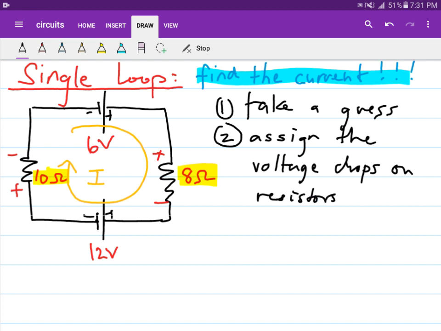So now that we know the polarities of resistors with respect to our guessed current, we will now assign a loop current.